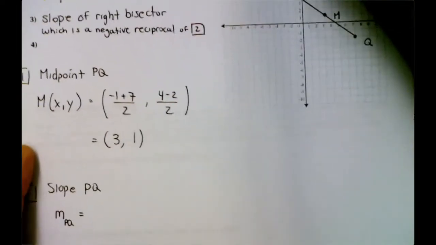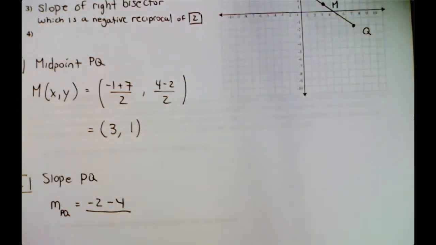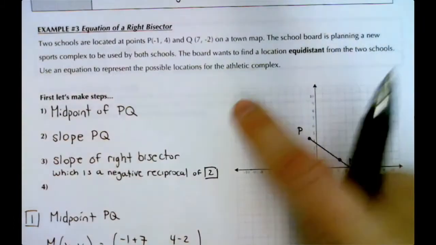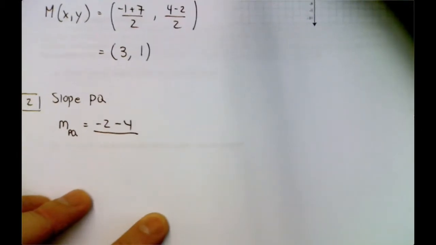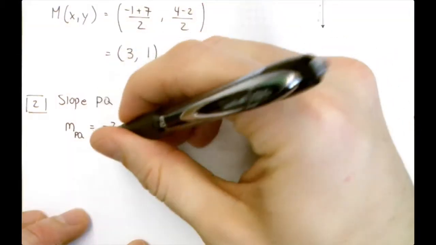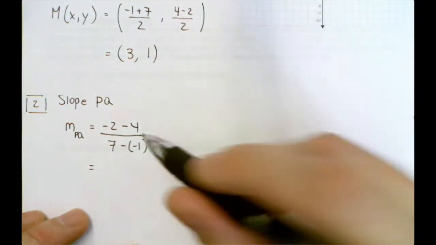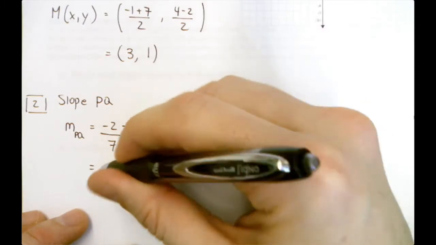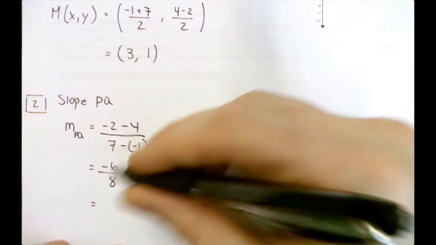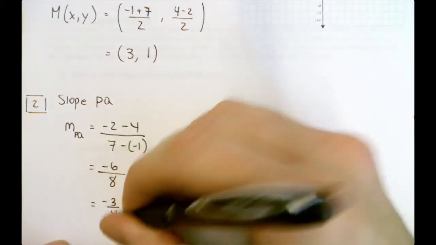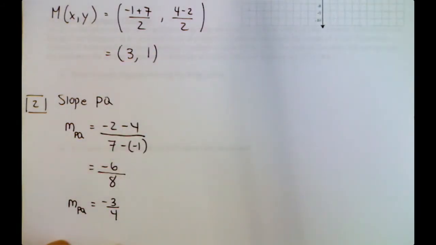So it's negative 2 minus 4 over x2 minus x1, which is 7 subtract negative 1. And we get negative 6 on top over 8 on the bottom. If we reduce that fraction, we get negative 3 over 4. And there's our slope of PQ.